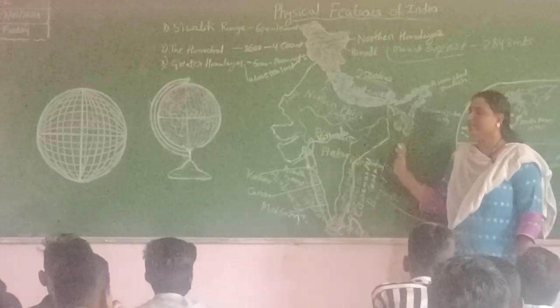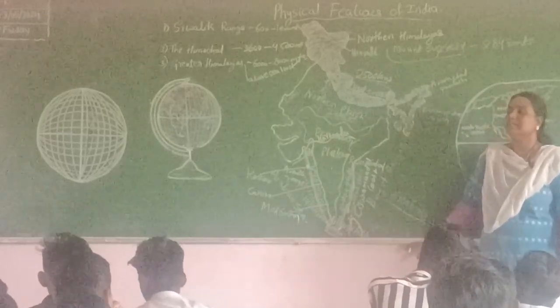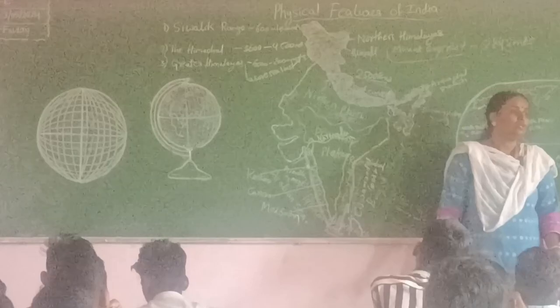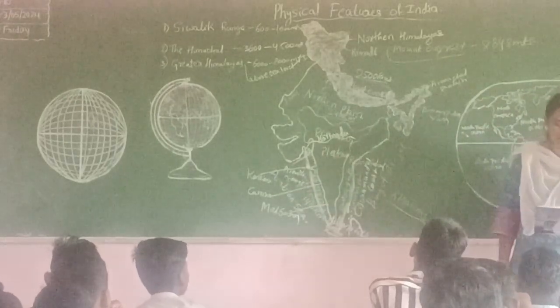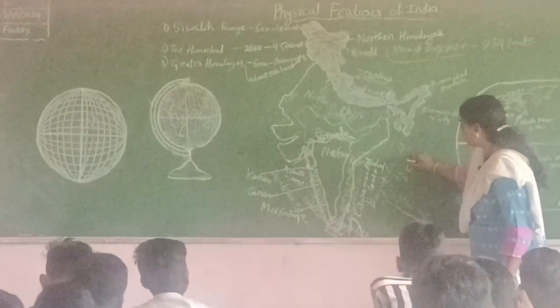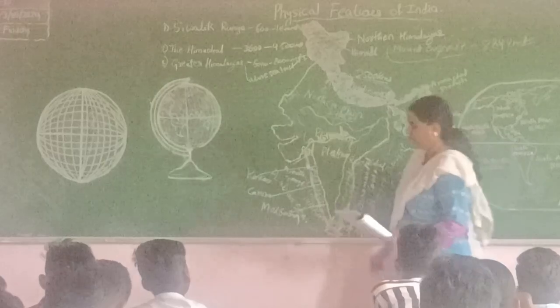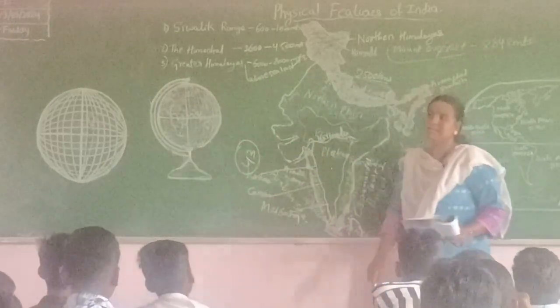And we can see some islands. In total, in India there are 247 islands. How many islands are there? 247 islands. Among them, 204 islands are in the Bay of Bengal, and 43 islands in the Arabian Sea.